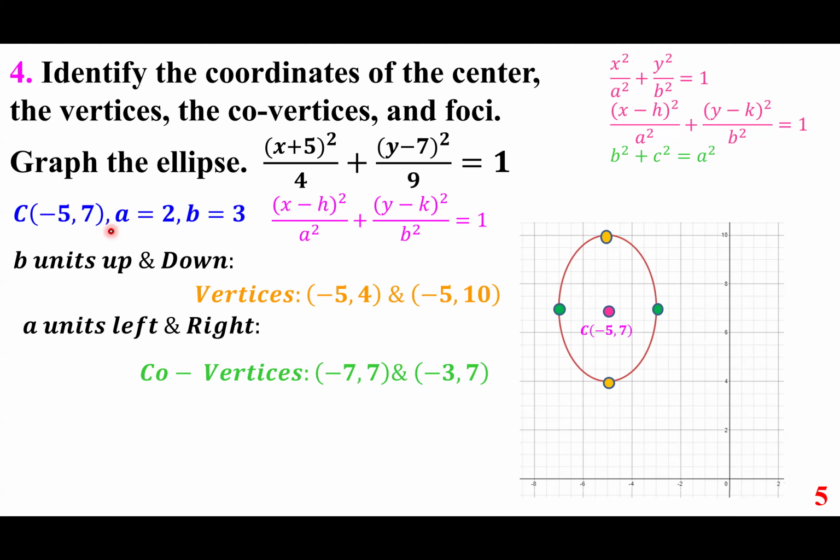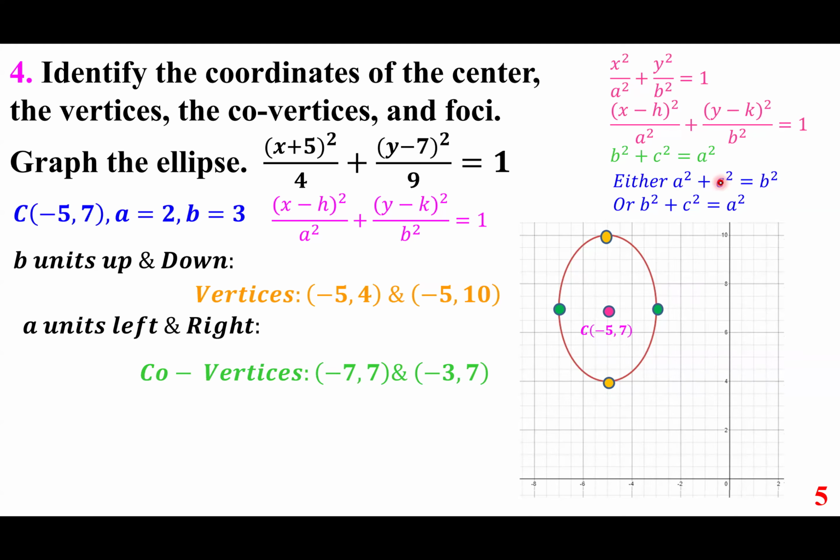And now, remember, either A squared plus C squared is B squared or B squared plus C squared is A squared. It depends on which one is larger. Obviously, since B is larger, then A squared plus C squared is equal to B squared.